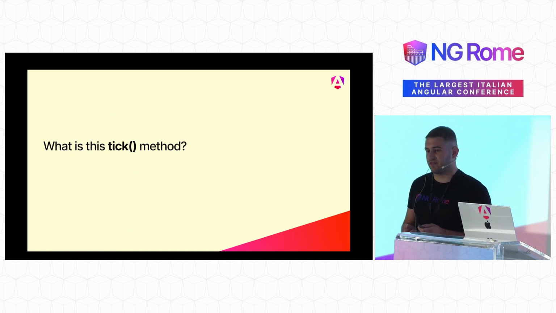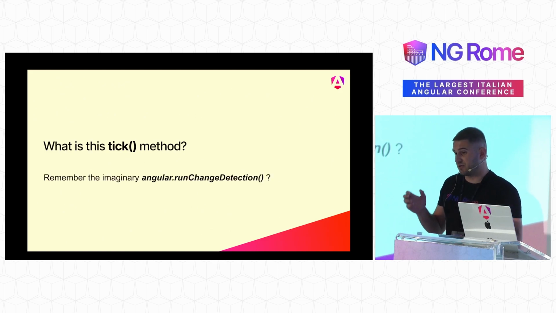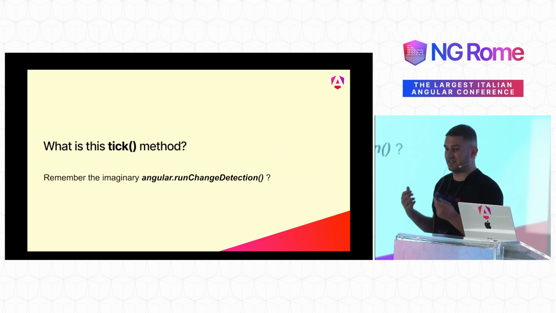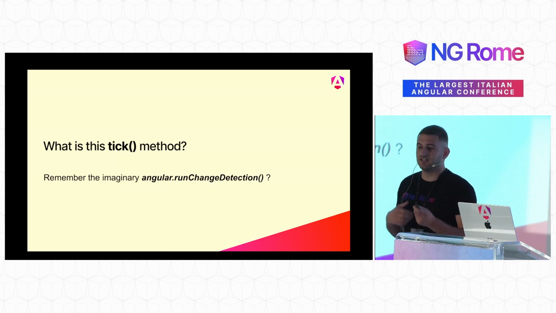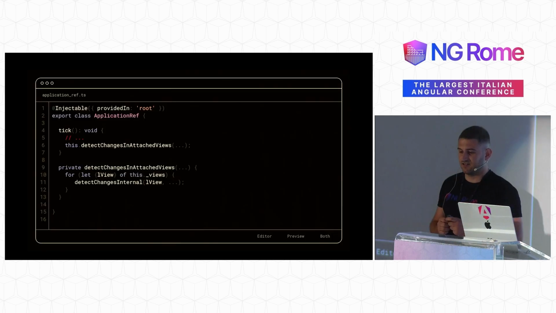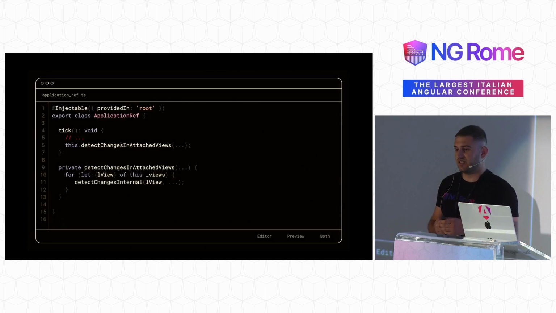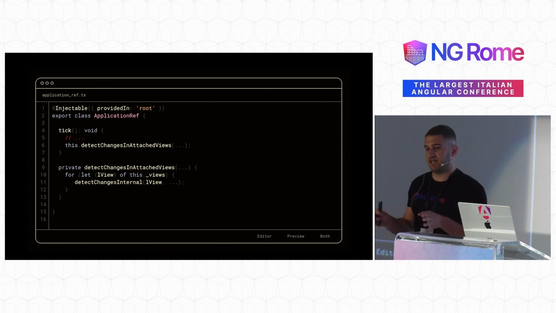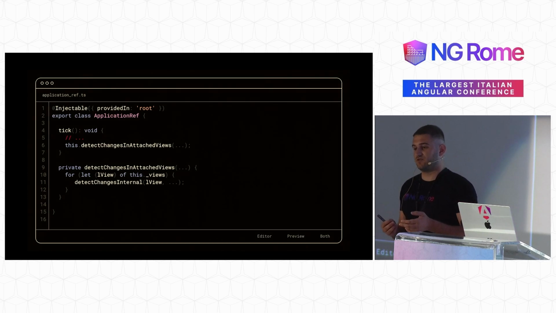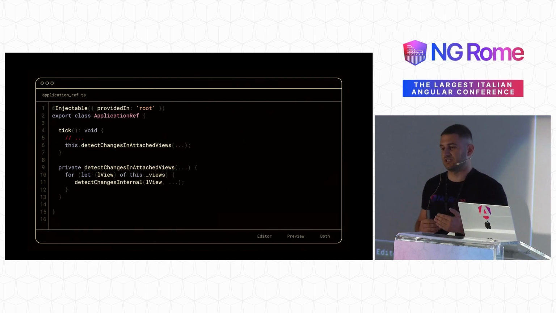But what is this tick method? Well, remember that imaginary Angular run change detection code? It is something like that. And if we check that tick, what it will do is basically go and call detectChanges in attached views. And our attached view initially is that app component that we bootstrap in the beginning.